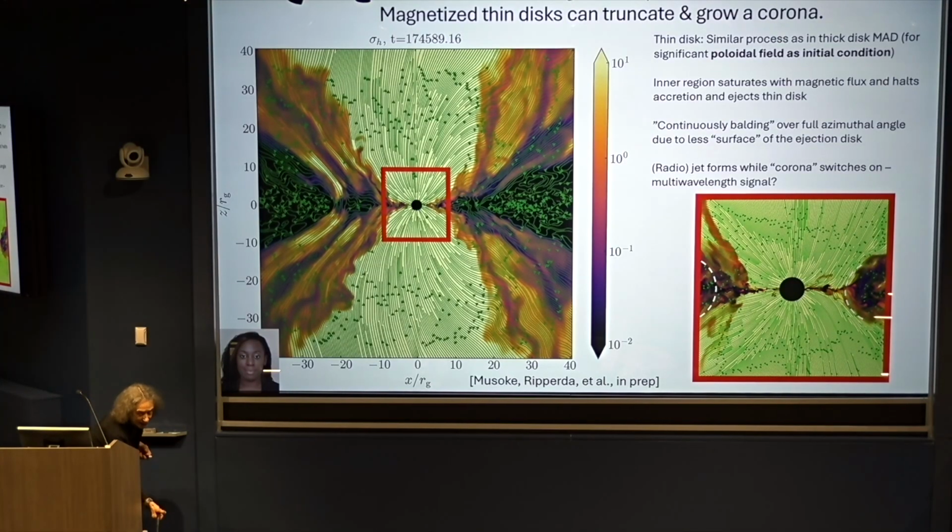Magnetic reconnection is numerical. It's not handled with a particular model, but obvious next step is to implement this new resistivity prescription. You have this large-scale field, large-scale poloidal field, and the corona has formed.